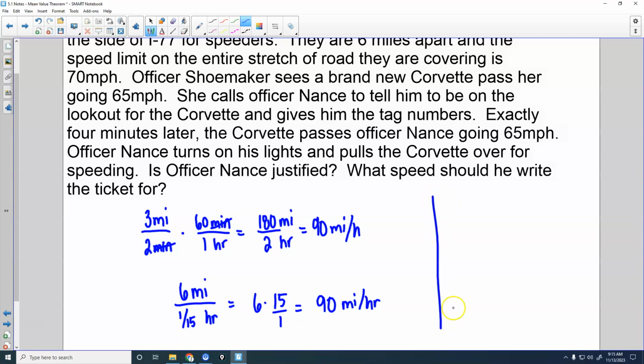So, like if this is at 0 and this is at 4 minutes, and we got 6 miles right here. Whenever it passes, this is distance here. We're doing distance, not speed, that I'm graphing here.